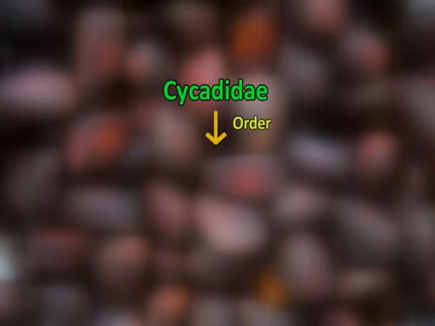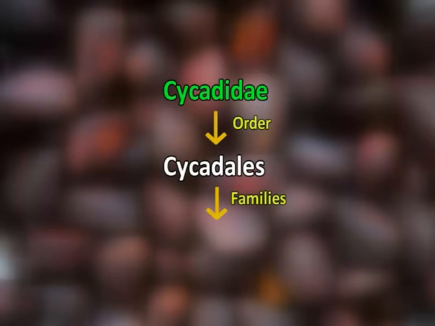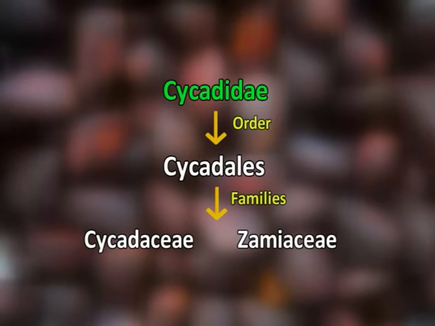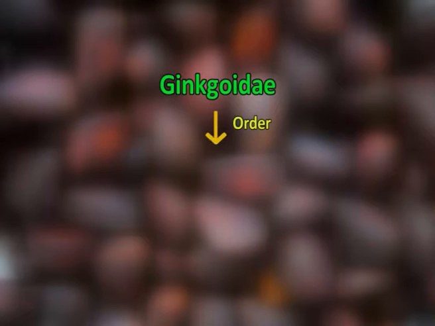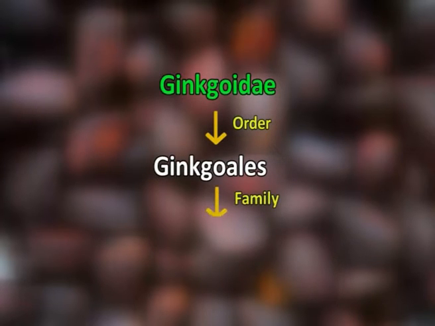Pinidae. Cycadidae include a single order, Cycadales, and 2 families: 1. Cycadaceae and 2. Zamiaceae. Ginkgoidae is a monotypic subclass having a single order, Ginkgoales, and a single family, Ginkgoaceae.